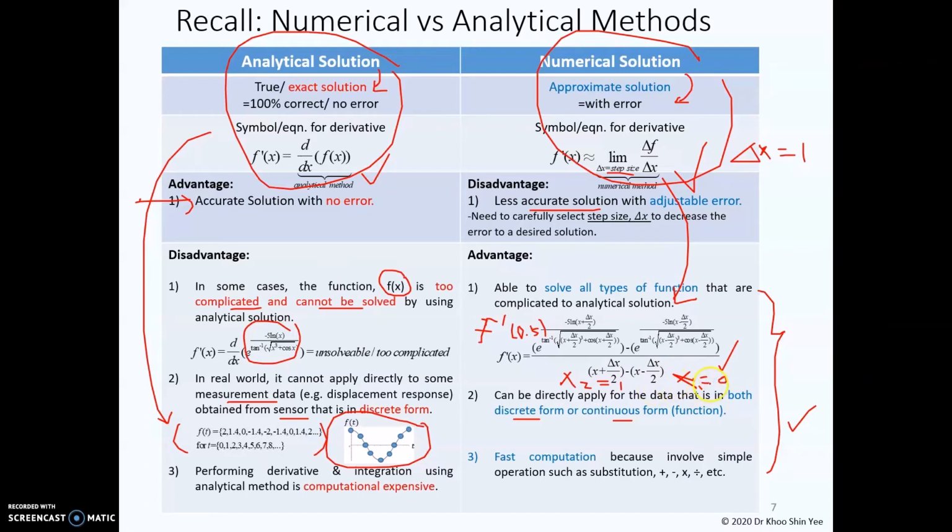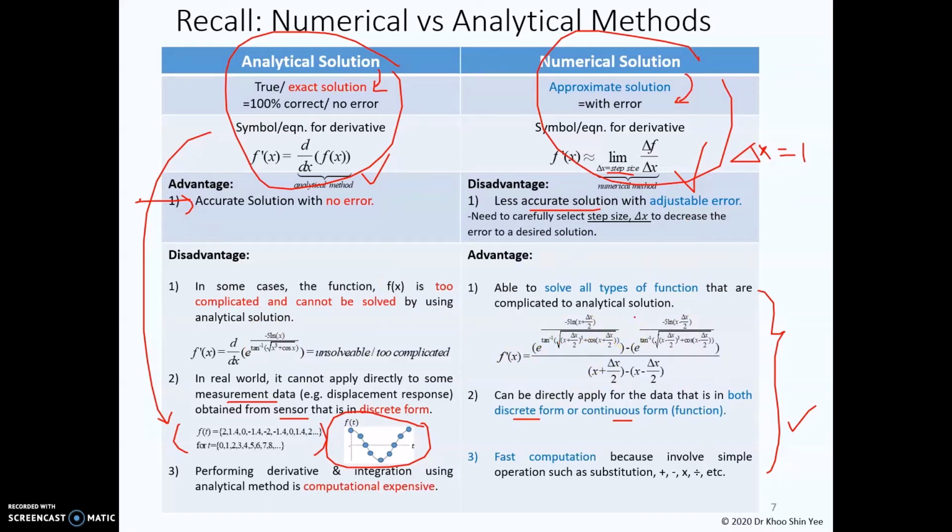So you can substitute x1 and x2 inside the original function f(x) here to obtain f1 and f0. Then this is your f1 and this is your f0. Substitute inside this formula, then you compute the delta f over delta x. By doing this, you can approximate the f prime function to this answer.